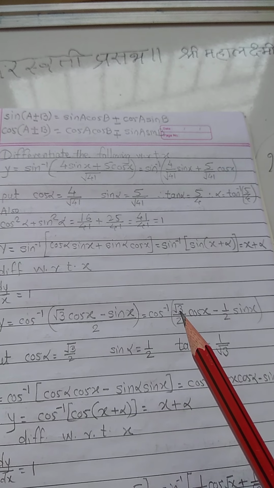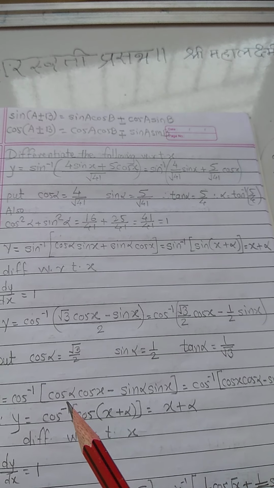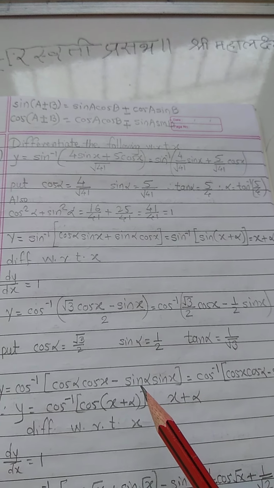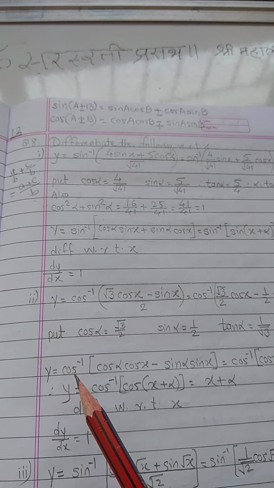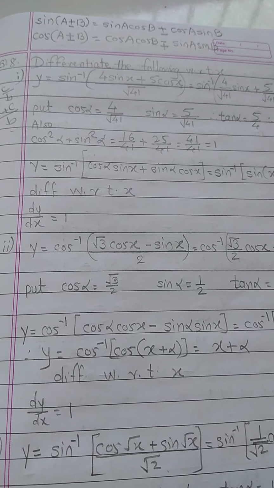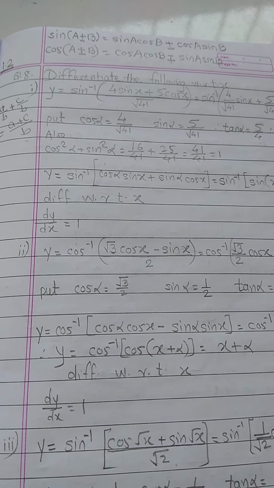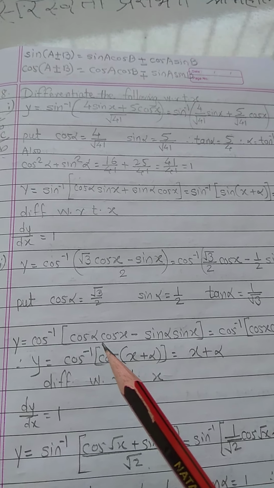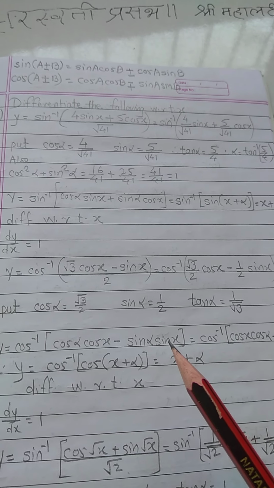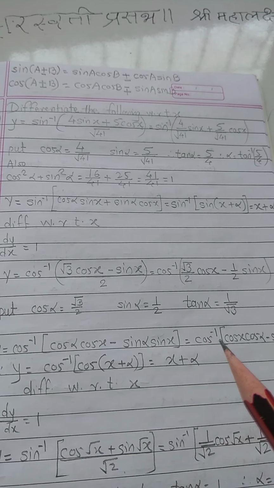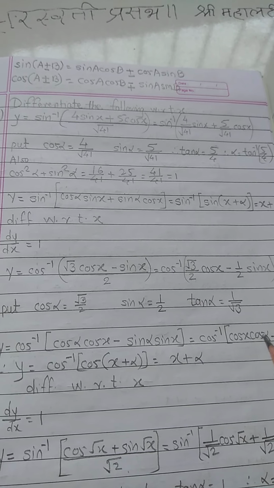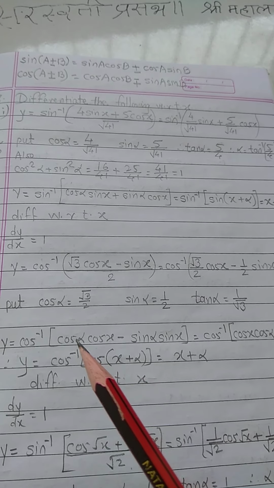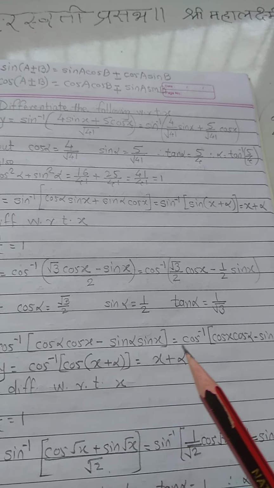So, we can put cos alpha in place of root 3 by 2, and sin alpha in place of 1 by 2. So that y we can have as cos inverse of (cos alpha cos x minus sin alpha sin x). We know that cos minus sin is always cos of a plus b. We should write x first, therefore we should rewrite this as cos x cos alpha minus sin x sin alpha.